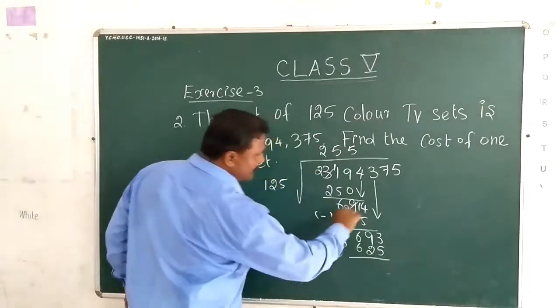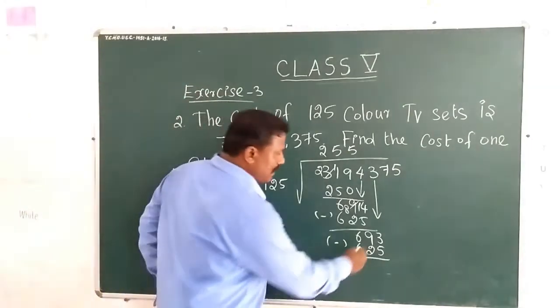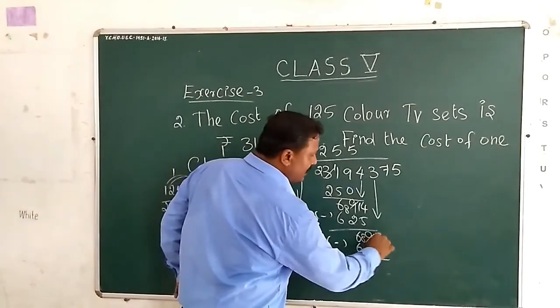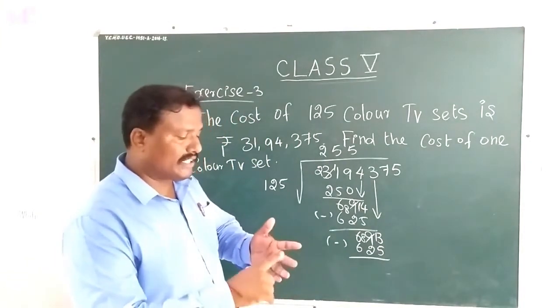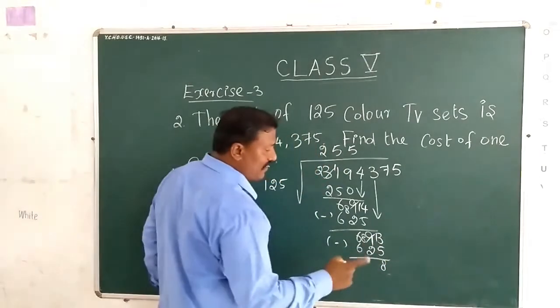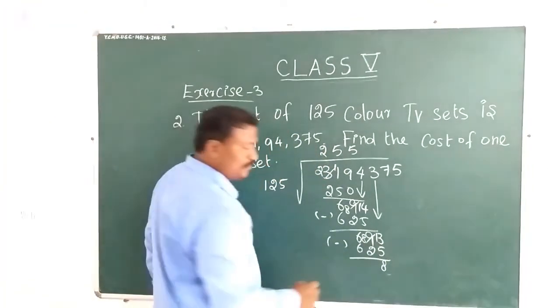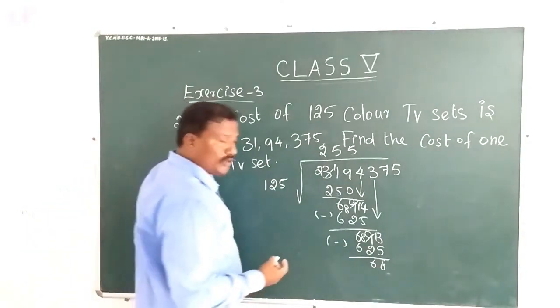If you subtract this, 3 minus 5 we can't subtract, so borrow from the nearby number. Here becomes 8, here 13. So after 5 comes 6, 7, 8, 9, 10, 11, 12, 13. So 8 is the difference. 8 minus 2 is 6. So 6 minus 6 is 0. So no need to subtract.